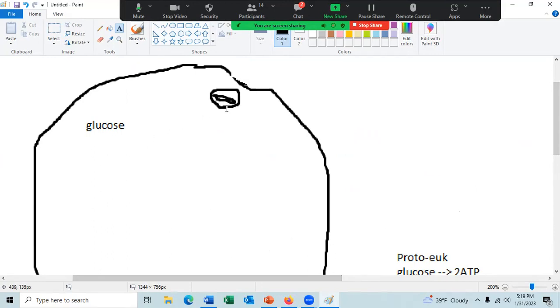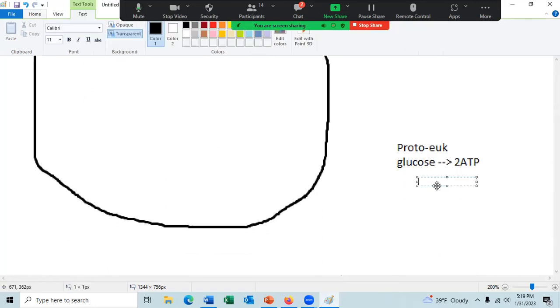And when the bacteria made the ATP, it gave some of that ATP to the proto-eukaryote, putting it in the cytoplasm or secreting it, and then it diffused into the cytoplasm of the proto-eukaryote.